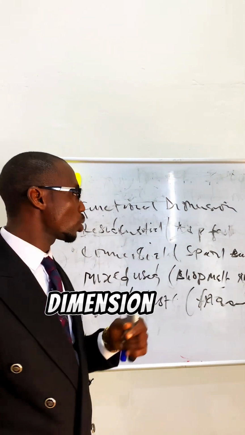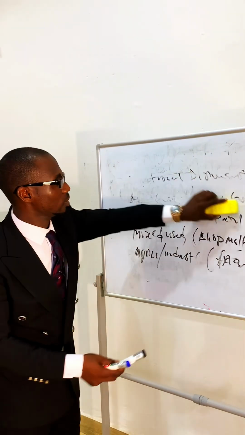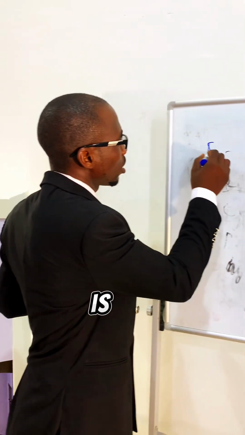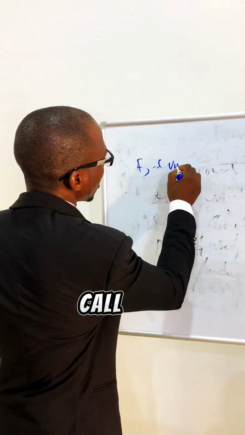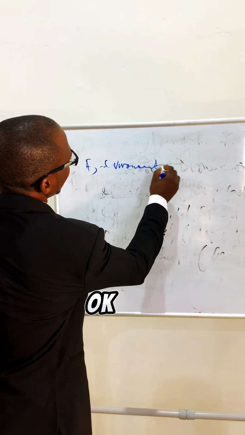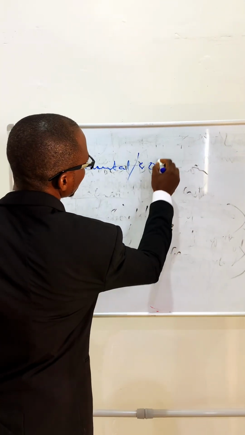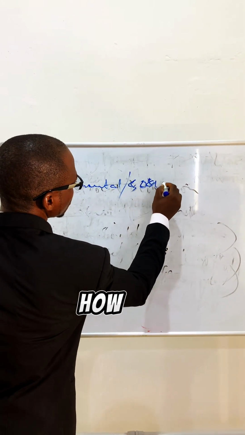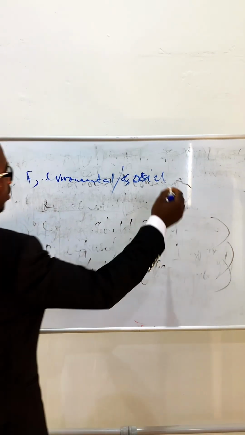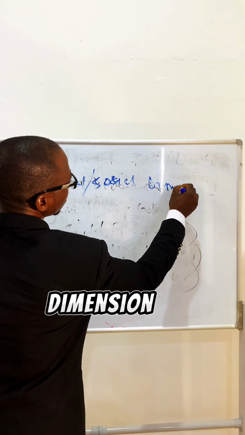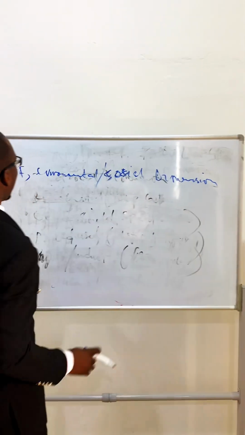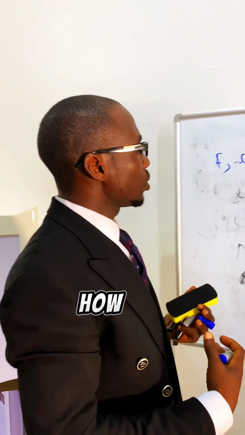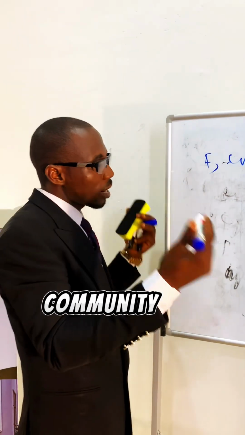Then we'll move to the last one. Okay. Now the fifth one is what you call environmental/social dimension. Now under this, it's how it relates to the community or amenities around.